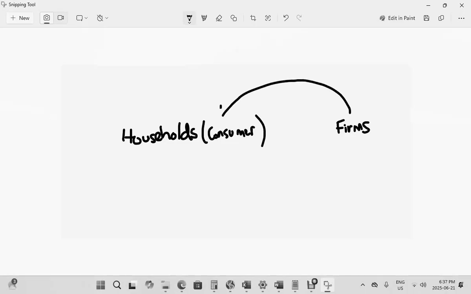So the firms will be supplying goods plus services, and in exchange, the households and the consumers make payments for these goods and services.